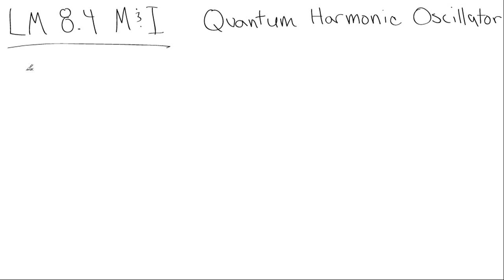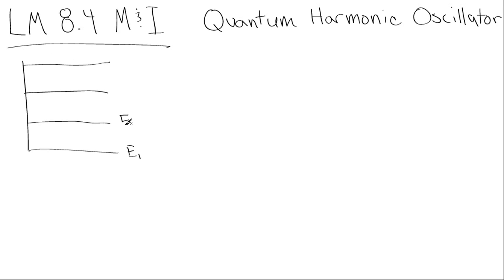So previously we discussed arbitrary quantum potentials or quantum energy systems that had energy levels given by E1, E2, etc. up to En, where the spacing between the energy levels was not necessarily equal.